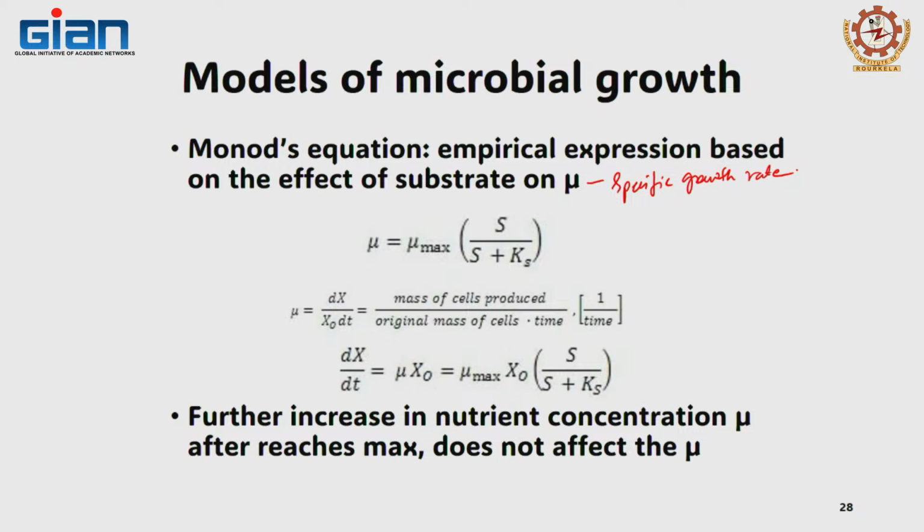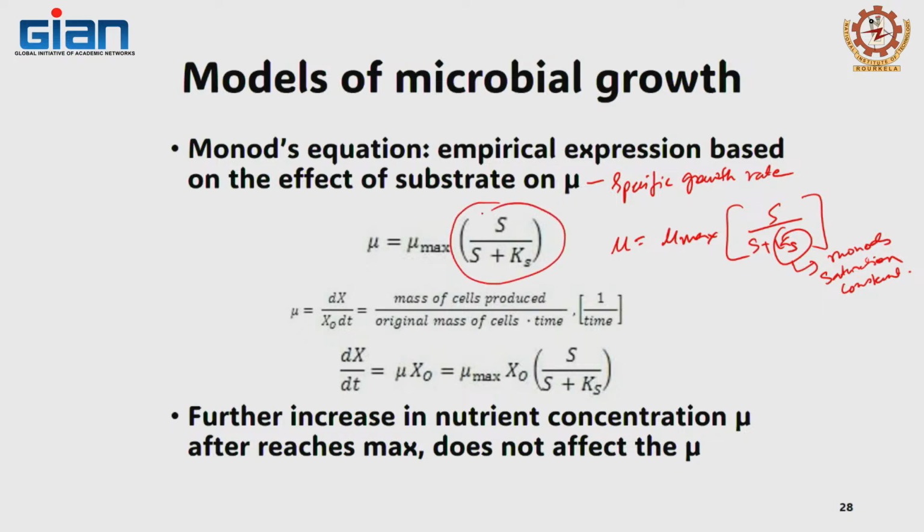So, your mu is equal to mu max S over S plus K S. Now, this K S is your Monod's saturation constant. This is your limiting factor, because we have to make that assumption of the limiting factor, right. So, in Monod's model, the S over K S plus S is your limiting factor.